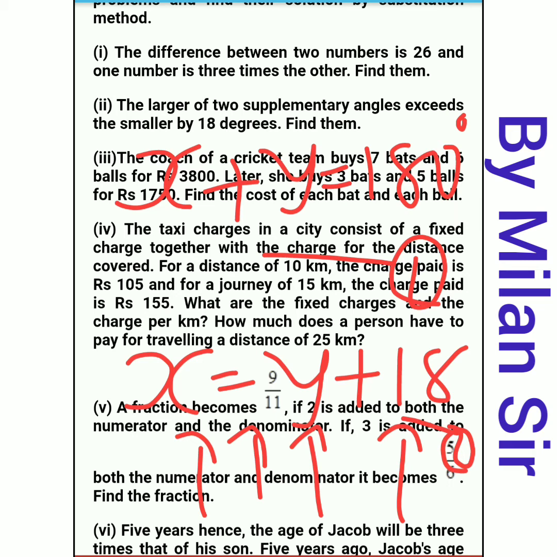Again, we do not need to simplify equation number 2 because we directly get the value of x. Value of x is equal to y plus 18. We can put this value in equation number 1.